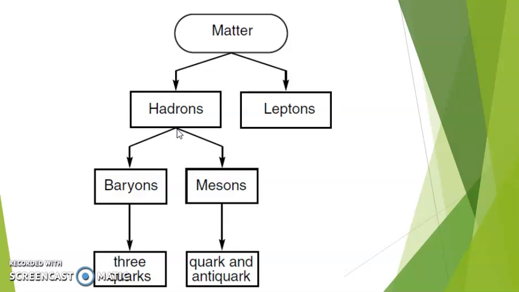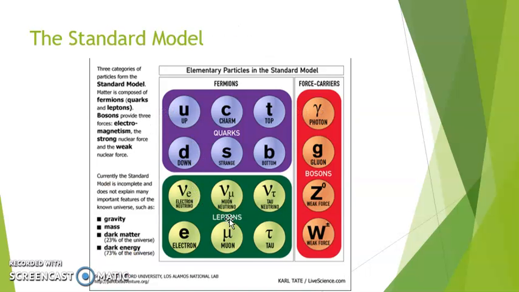Hadrons fall into 2 classes. There are either baryons or mesons. So every hadron is either a baryon or a meson, and they are all composite particles. Baryons are made up of 3 quarks, and mesons are made up of a quark and an antiquark. So if we go back to this diagram, the leptons themselves are elementary particles.